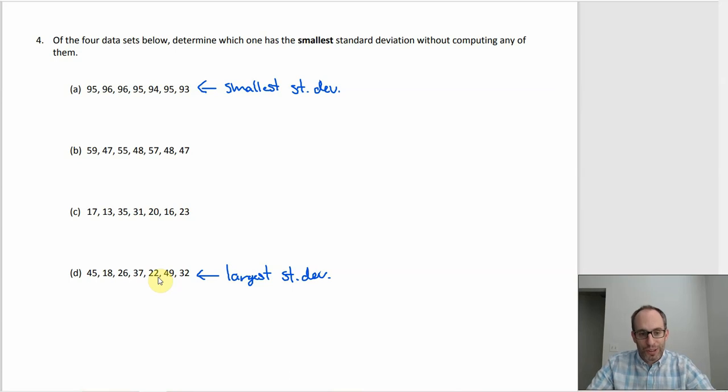So A is the smallest, then B has a bigger standard deviation than A, then C has a bigger standard deviation than B, and then D has a bigger standard deviation than C. If you go through the progression of A, B, C, and D, you can see the standard deviation getting bigger. I wanted that effect just once to show up like that. But that is how that one works.